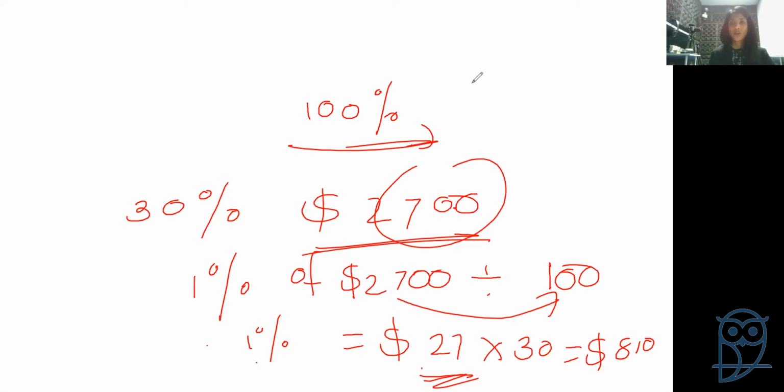So let's do a quick recap on a couple of things that we did today. We said when we were converting fractions to decimal numbers, we divide the numerator by the denominator. We spoke about applying rules when adding or subtracting decimal numbers.